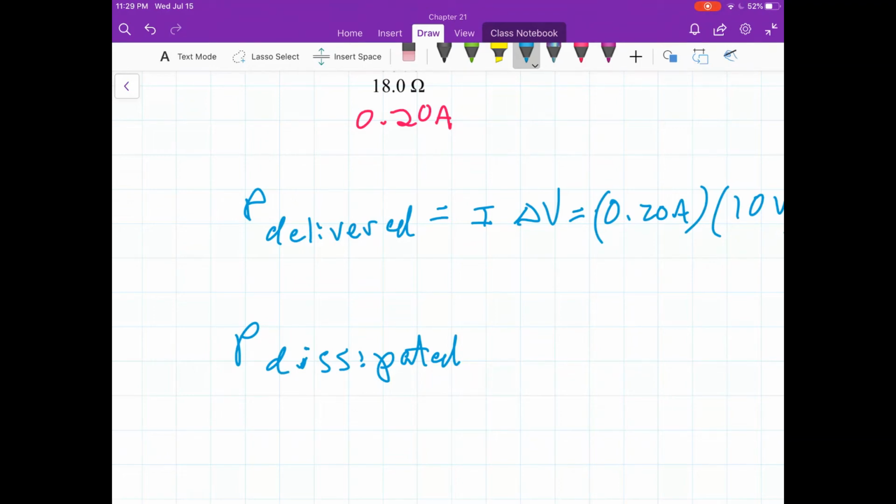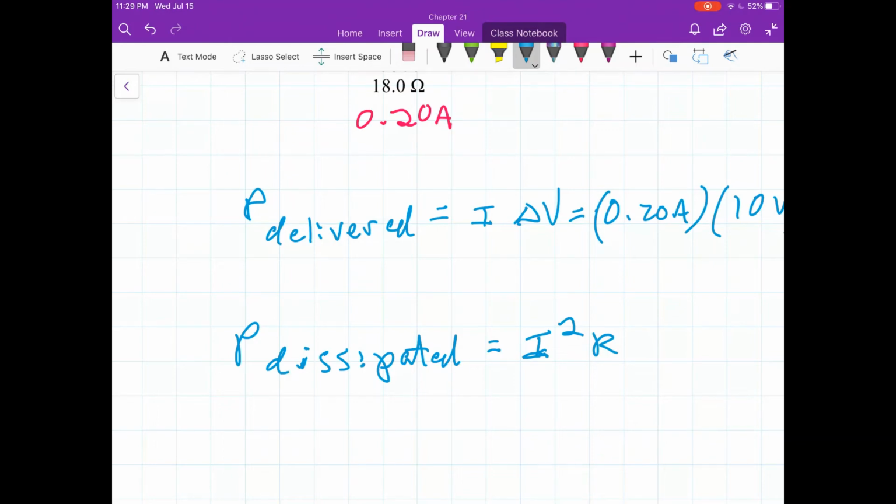For that, power dissipation, I like to use the formula I squared R, because if you know the current through the resistor, you know its resistance, intuitively the power dissipated depends upon the current, depends upon the resistance.